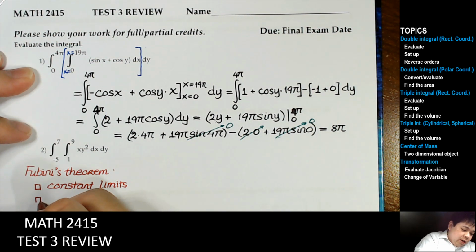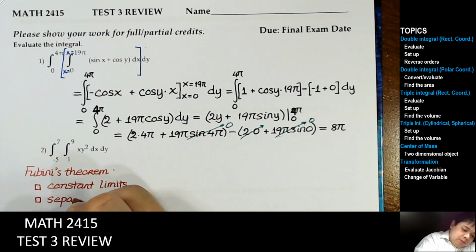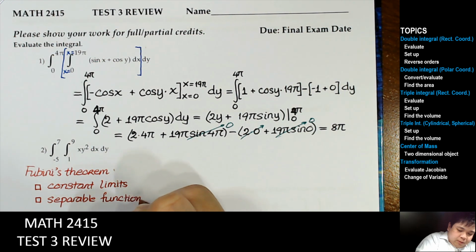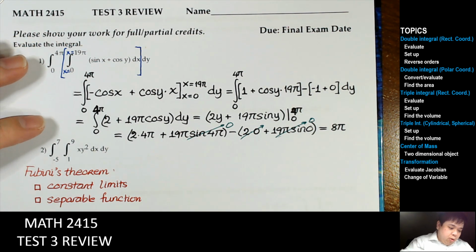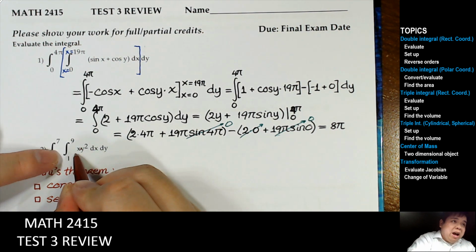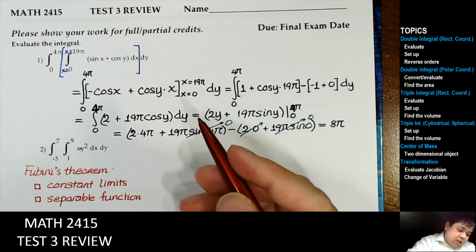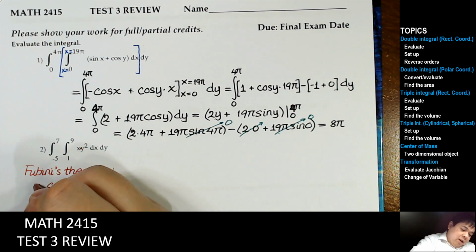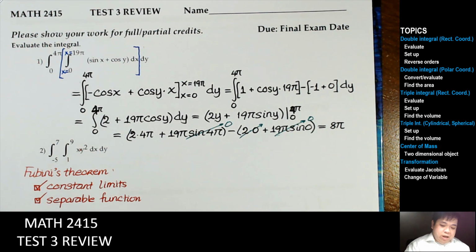And the second part is the function must be separable. What do we mean by separable? Separable is when we can write the function as a product of a function of x and a function of y. So in this case, we have constant limits and a separable function, so we can use Fubini's theorem.